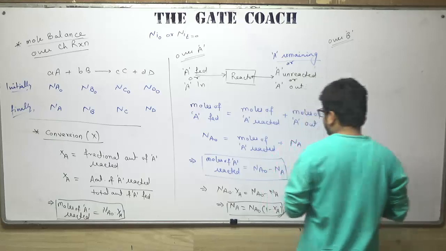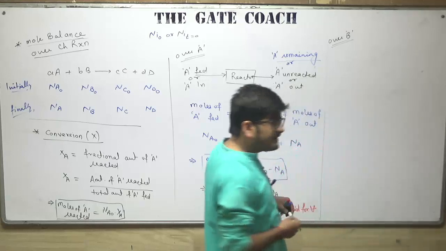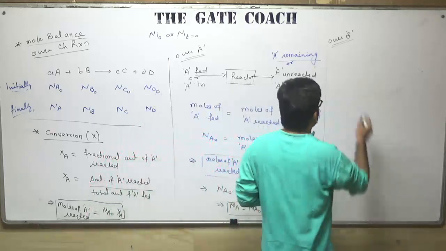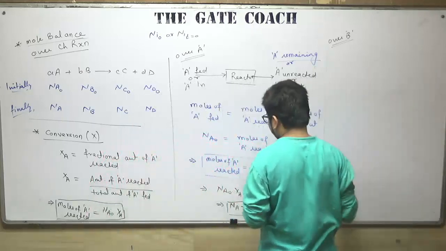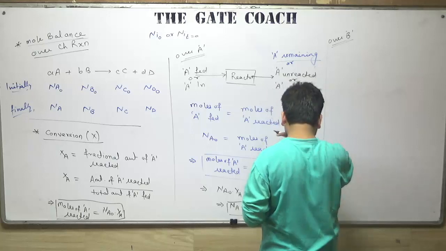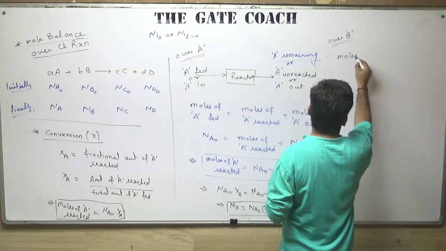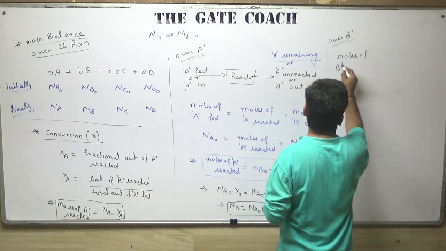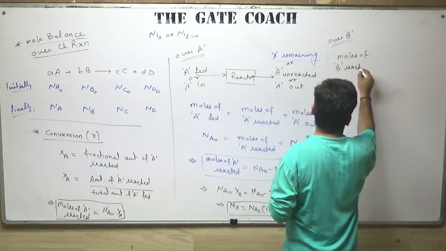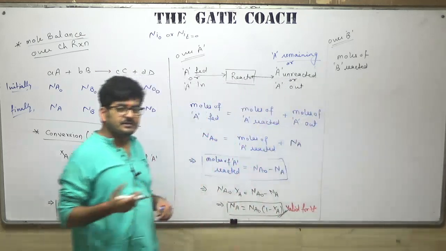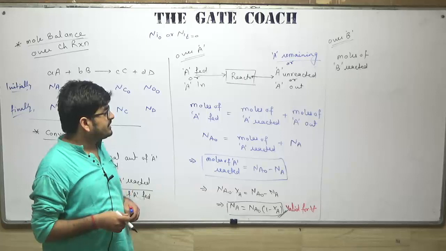So over component B, guys, what is B? B is the reactant. Obviously B will also be consumed during the reaction. So as B is the reactant, it will be consumed during the reaction.